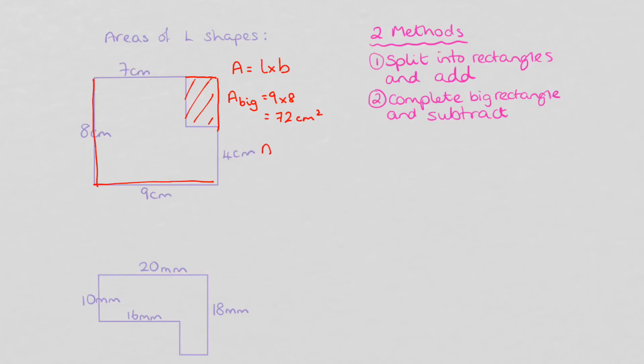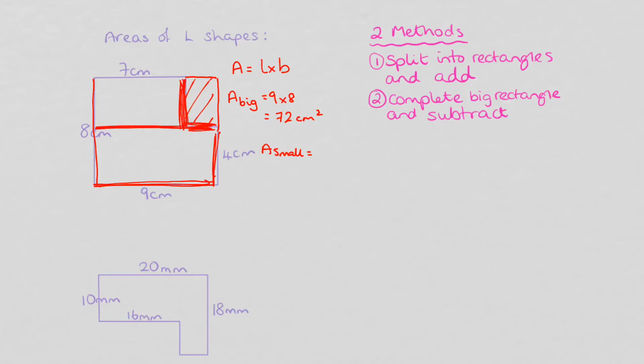And then the area of the small one is this times this. So this, we already worked out a minute ago, was 4, because this add that 4 has to make 8. And that line across there, well, it's 9 all the way across. It's 7 to there, so that must be 2.